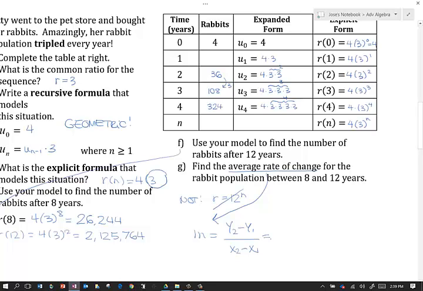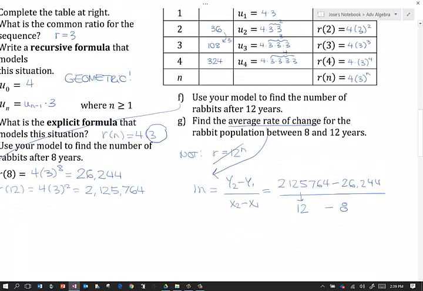For this problem, it's going to be how many rabbits you had after the 12th year, 2,125,764, minus the rabbits that you got after 8 years, which was 26,244, divided by what? The corresponding values for the years. So 12 years minus 8.